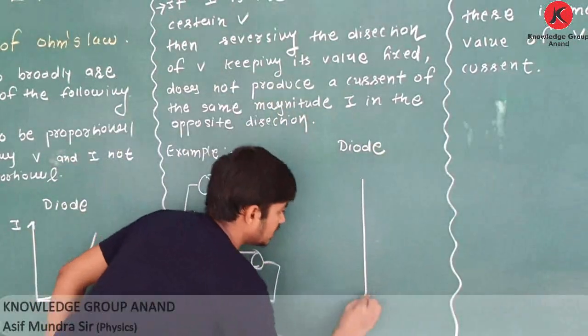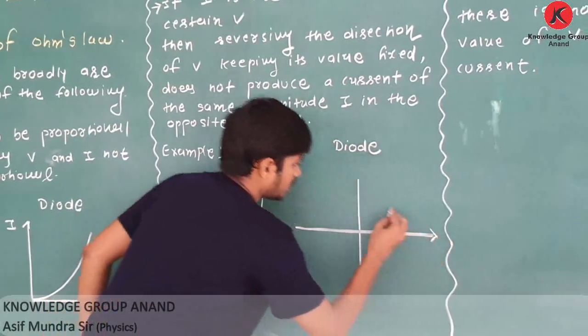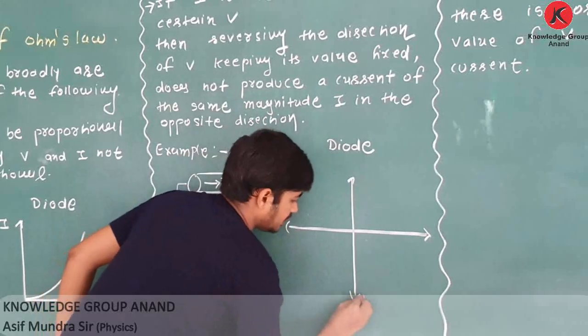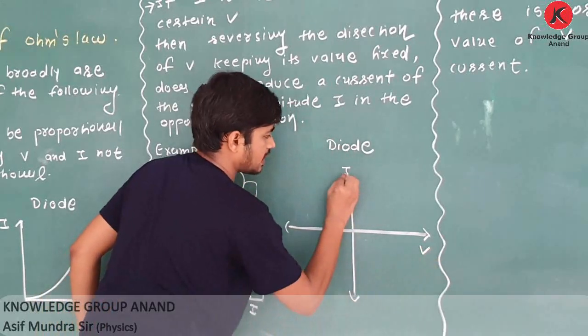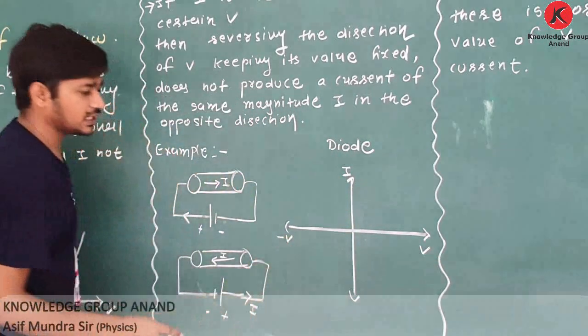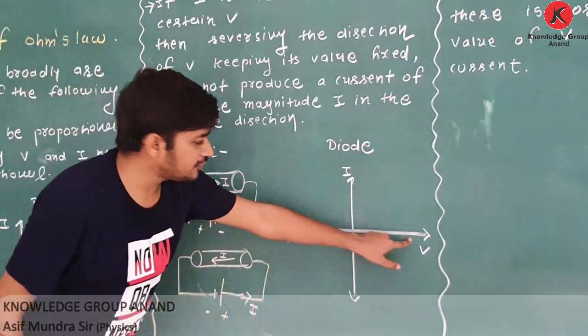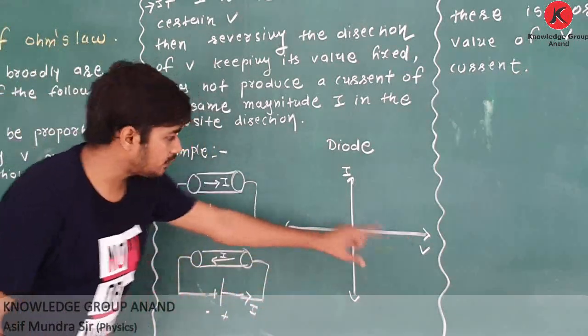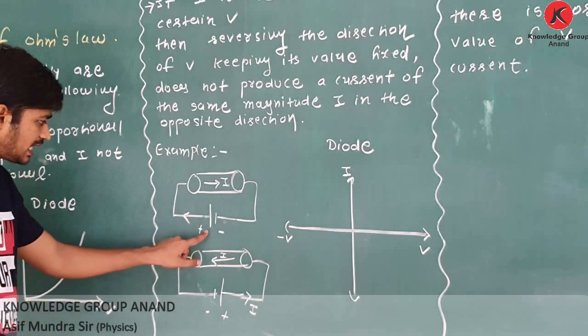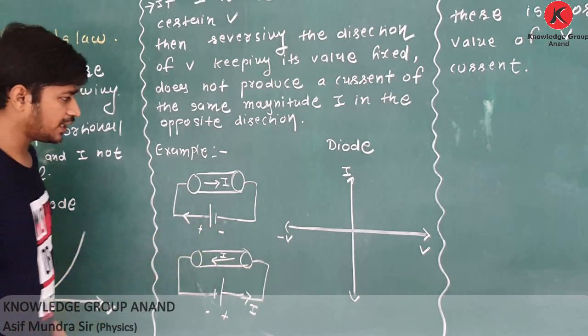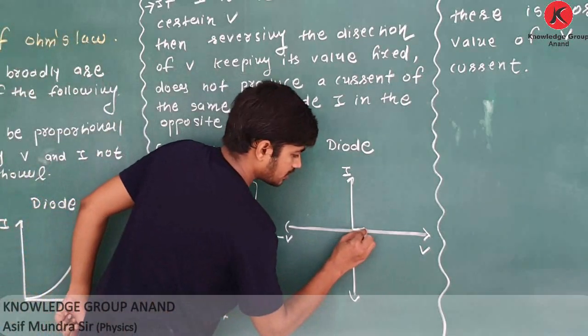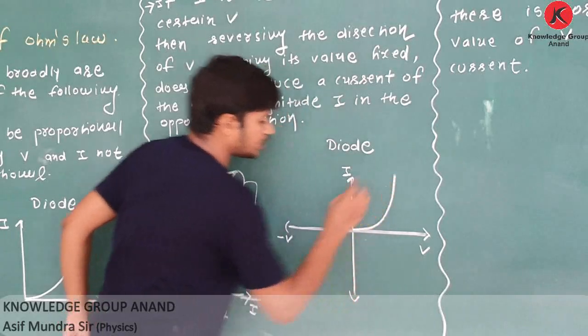But in case of diode, here is the graph: V, I, and minus V. If the voltage supply V is positive, the variation of current with voltage is like this.